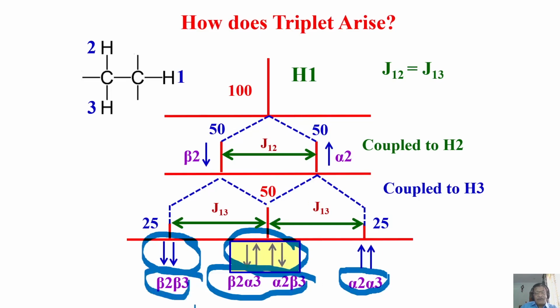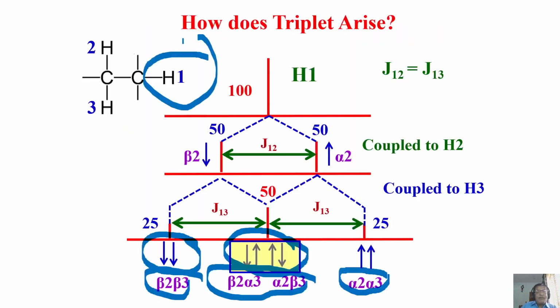And this is one intensity. As a consequence, the triplet intensity will be a ratio of 1:2:1. You understand? The triplet comes with an intensity ratio of 1:2:1 when two equivalent protons are coupled to a third spin.